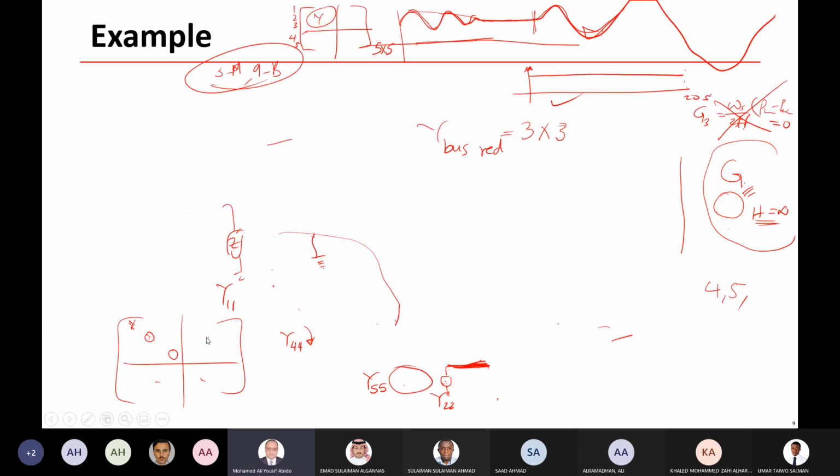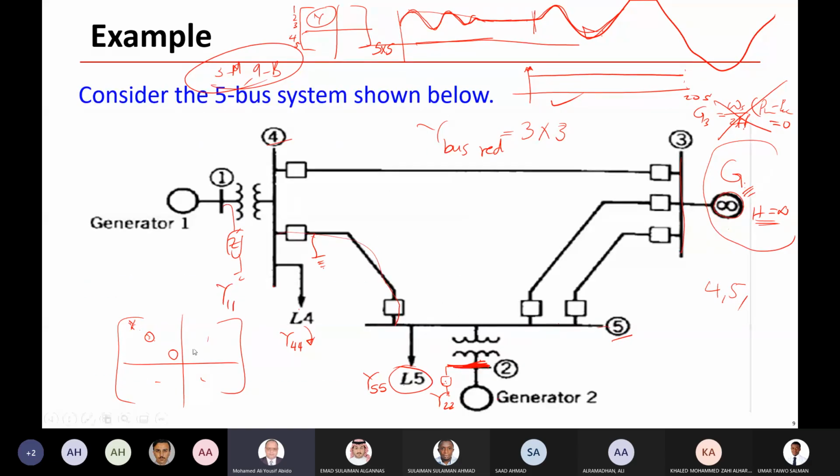Okay, so all this has been covered. I think we stopped here.